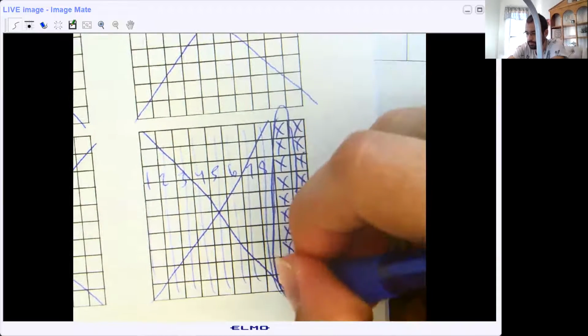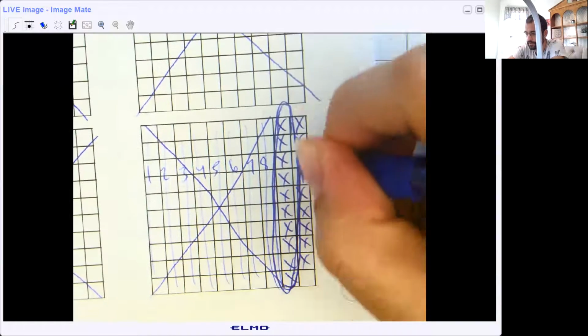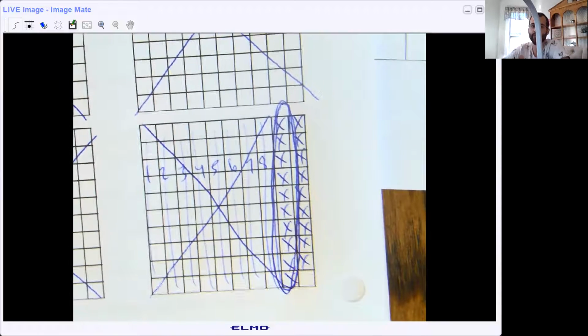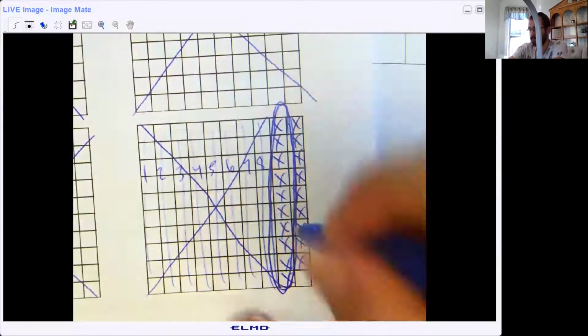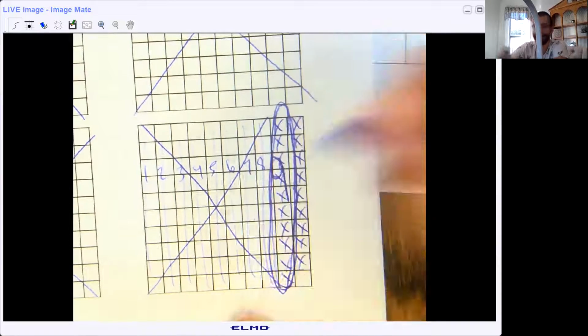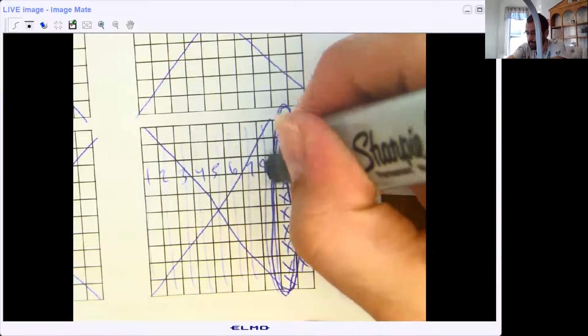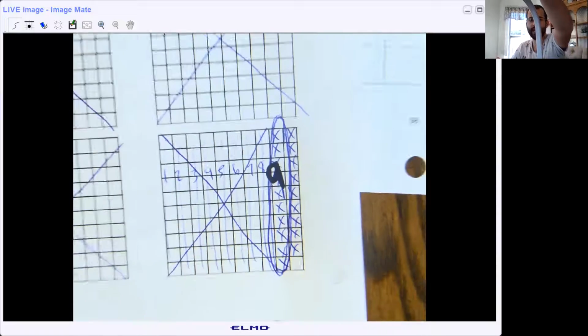I drew an extra rod because I had more than 10, so another rod was formed. So instead of there being 8, there's actually 9 rods. Let me put this in a different color so you can see a little bit better. That's a 9th rod.